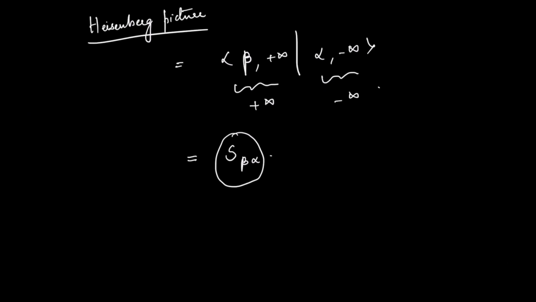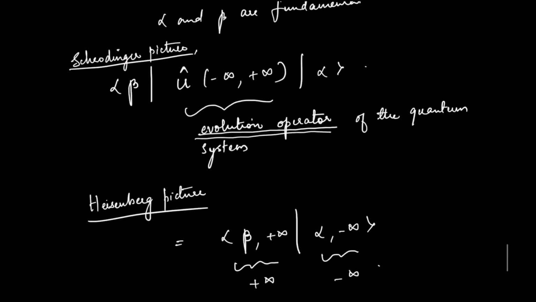Varying alpha and beta over all possible values forms a very big matrix. It can be an infinite matrix, and that matrix is called the scattering matrix or S matrix. Any choice of alpha and beta will give you one matrix element. So basically S beta alpha is the matrix element of this evolution operator.